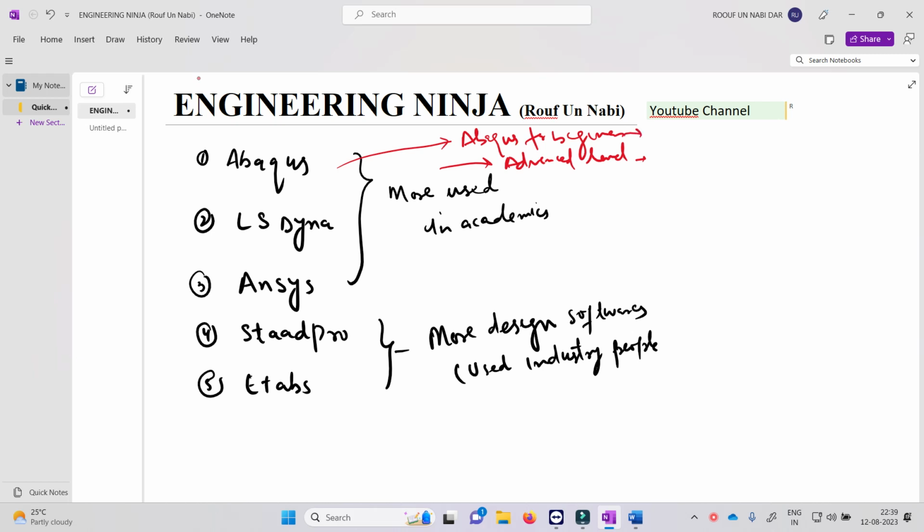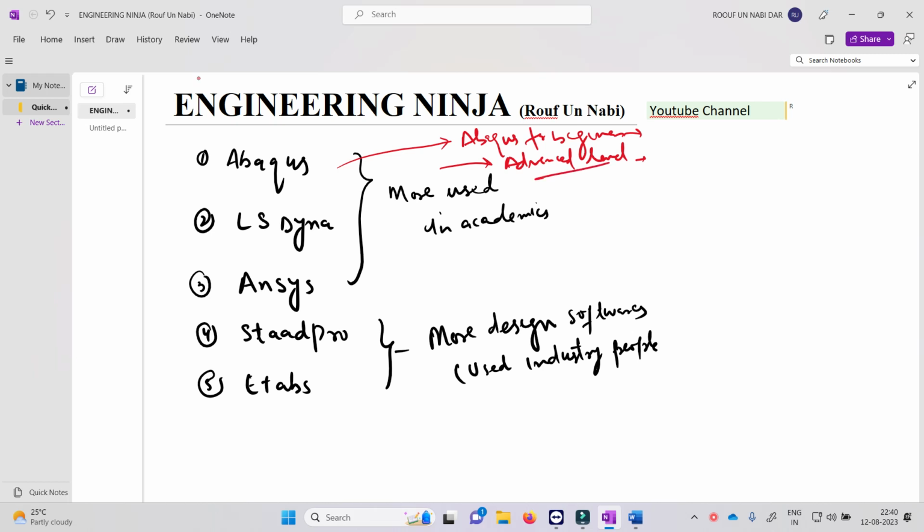In Abaqus for beginners, we will make students aware of the software. We'll give a complete introduction of the software itself, about its GUI, each tool, how each tool is going to help in modeling and of course analysis of the problem.